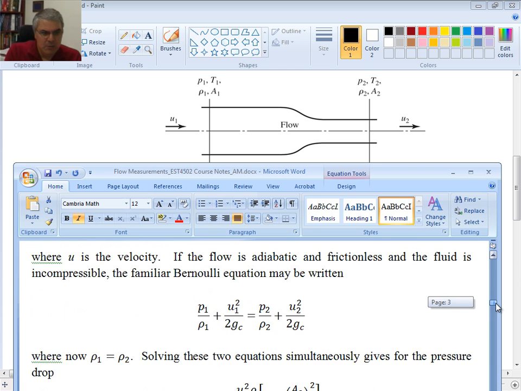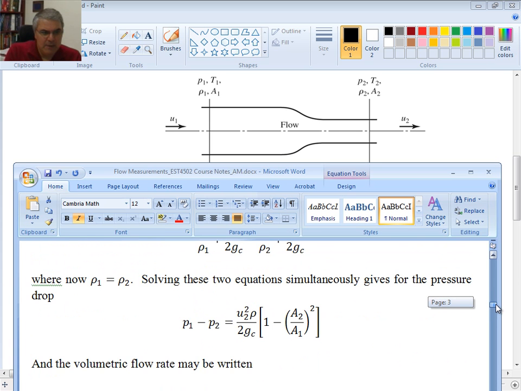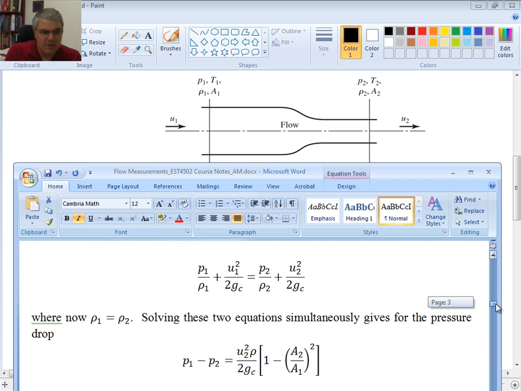The principles are well established by Bernoulli, and you can find it anywhere. In our case, since the density is the same, rho 1 would be equal to rho 2. What's different is U1 and U2.